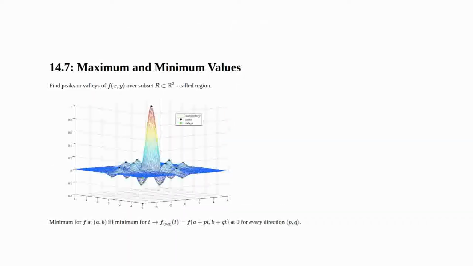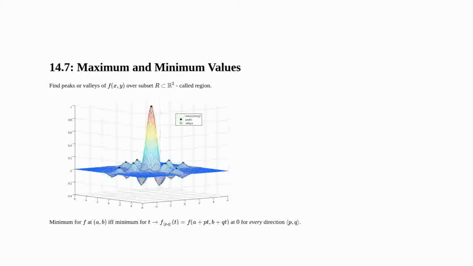So the idea to try to find a minimum for f at (a,b) is to create a one-dimensional function of t, f_pq of t, which is f at this potential maximum point plus a small perturbation in the direction (p,q).